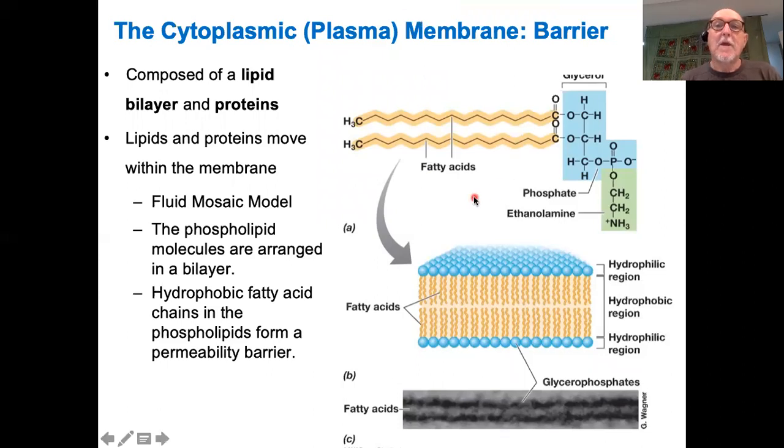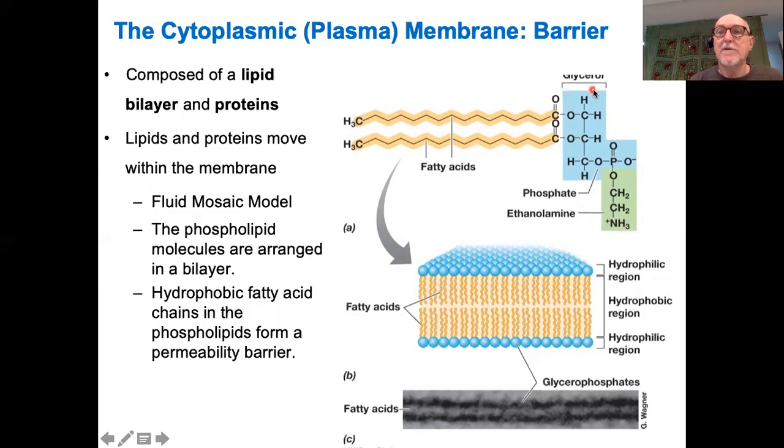Remember that it is made up of these molecules, which are a specialized lipid molecule called a phospholipid. The plasma membrane is a bilayer of phospholipids. The phospholipid consists of fatty acid tails, here they are, which are highly hydrophobic. And then it has a head.